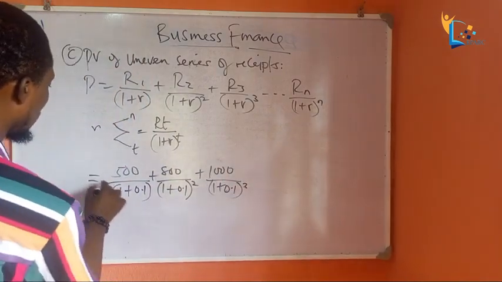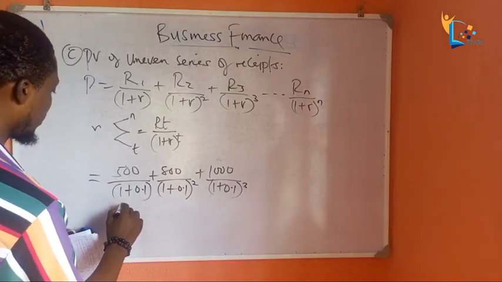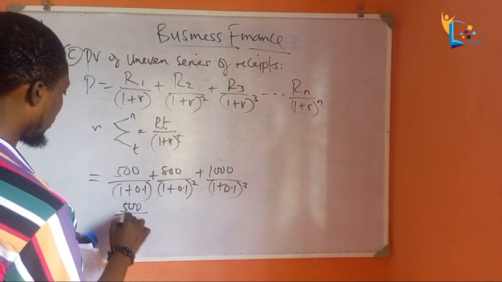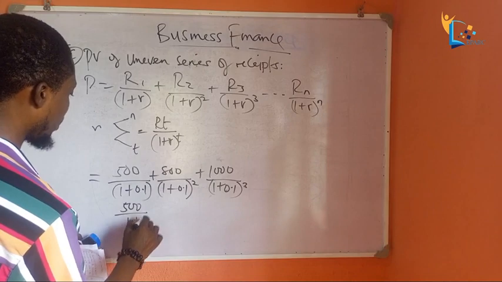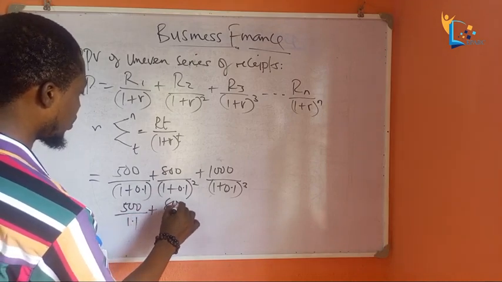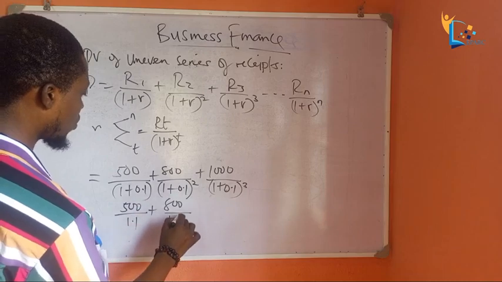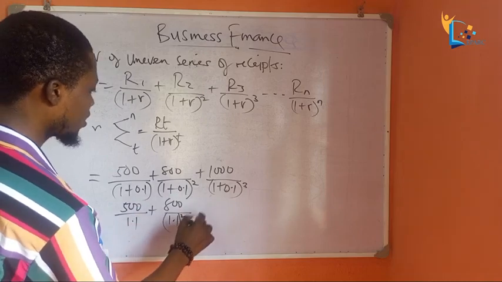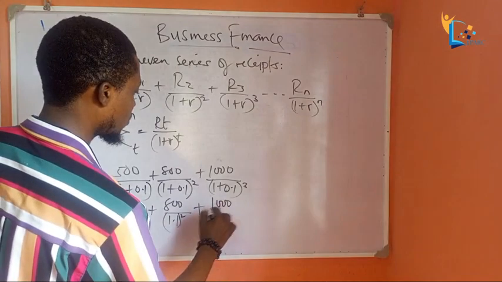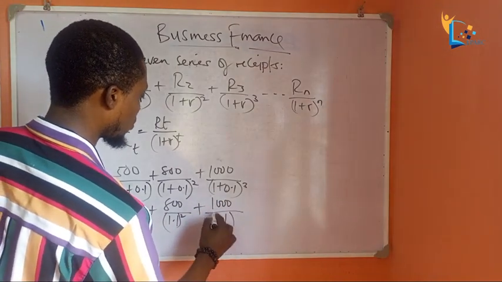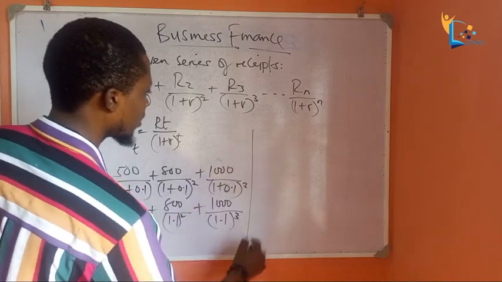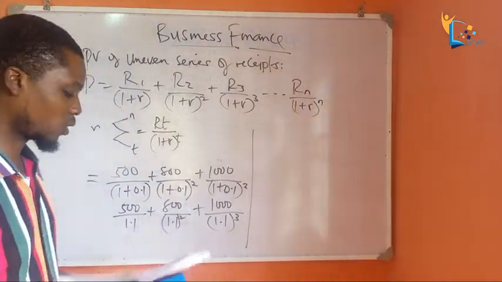So now 500 over 1.1, plus 800 over 1.1 squared, plus 1000 over 1.1 raised to power 3. Let's continue here. Let's use our calculator now.